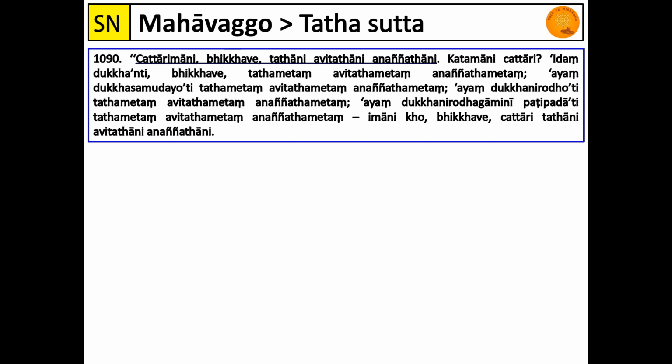Arashtangika margya, the eightfold path, it doesn't change. And there are so many things that do not change. Like the panchanantariya papa karma, there are 5. If one does any of those 5, that person will definitely go to hell. That is a tatha, that is a permanent thing, right?